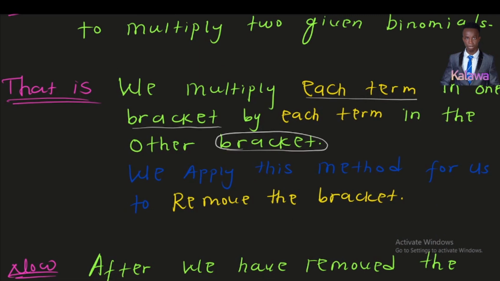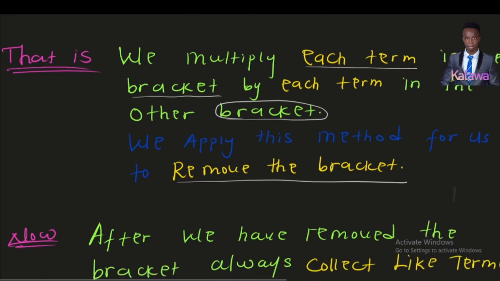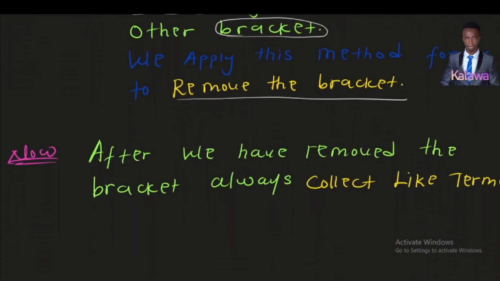So what we do, you see what? We apply this method for us to remove the bracket. So why do we multiply each term in one bracket by each term in another bracket? We do that because we want to remove the bracket. And after we remove the bracket, what do we always do? We collect like terms.